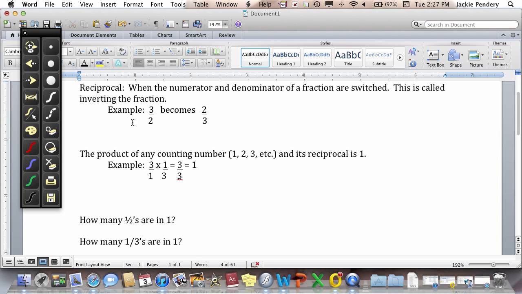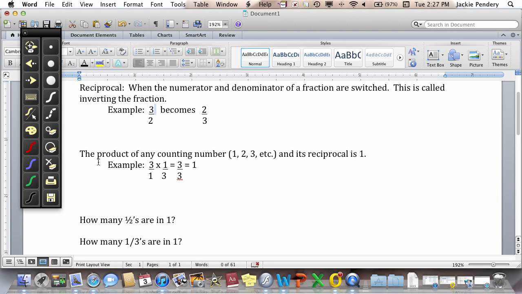So for example, 3/2 becomes 2/3. The 3 of my numerator becomes the 3 of my denominator. The 2 in the denominator becomes a 2 in the numerator. They just switch places. This is called a reciprocal.